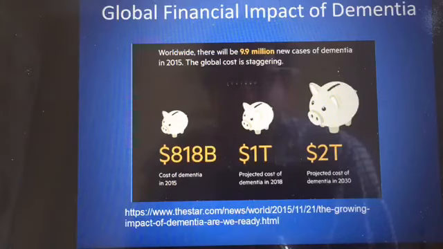The cost of dementia in 2015 alone worldwide was $818 billion. Next year, in 2018, the projected cost is about $1 trillion. And in 2030, about 13-14 years from now, it is expected to double to $2 trillion, which is a fantastic sum by any yardstick or any stretch of imagination. So dementia alone is going to cost the worldwide healthcare systems a huge amount of money. All of this is background to what follows next.